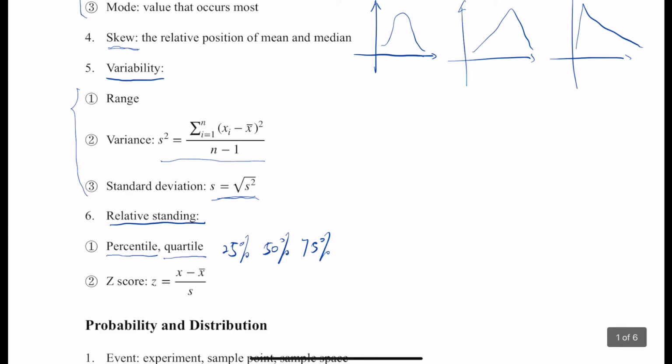But I also think it can be applied to a sample. But if we say population, it will be universal, right?